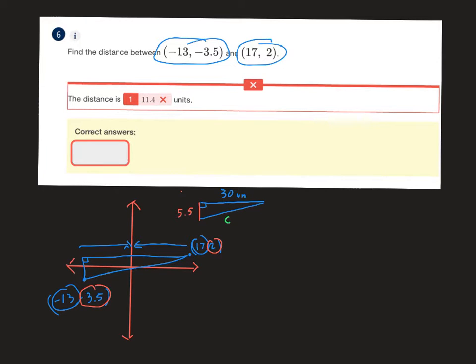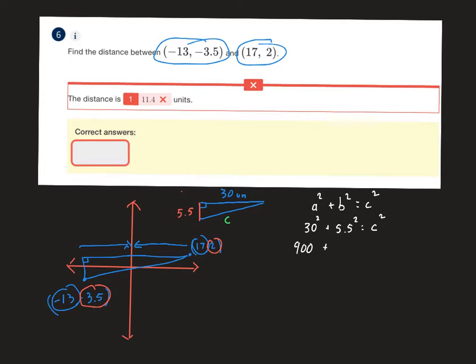Now Pythagorean theorem, here we go. A squared, b squared, c squared. Plug them in. 30, 5.5, and the almighty c squared. Now we can do the math out. 900 plus 5.5 squared.